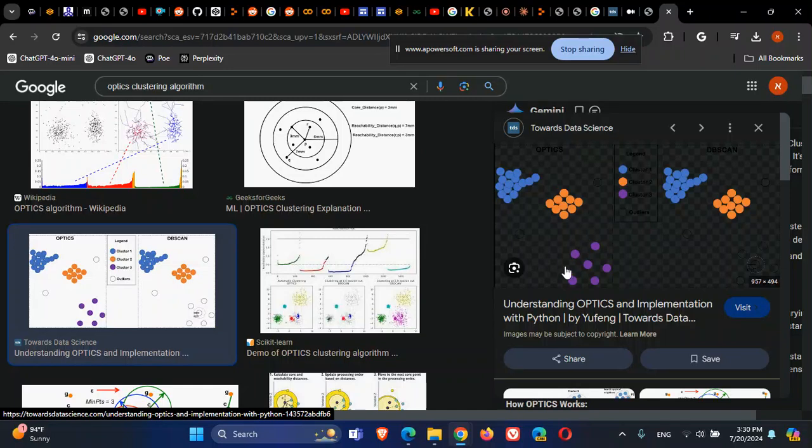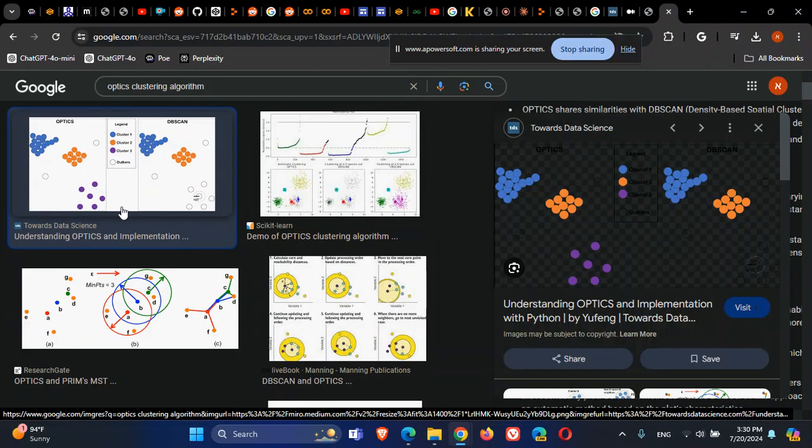This is a very low density, this is high density, and this is average. DBSCAN struggled with it and barely caught that this is another cluster. It defined it as, I don't know, noise probably, outliers, but this is not an outlier. It's just another cluster with a lower density.